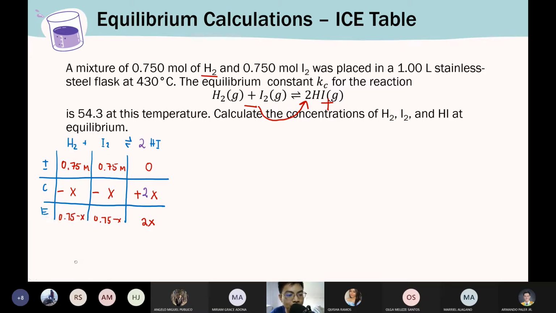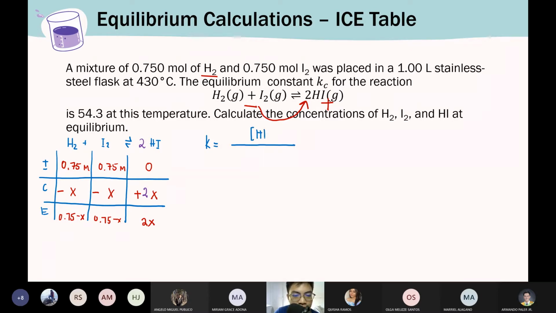Now, ano gagawin natin? We have our equilibrium expressions. Kailangan kasi equilibrium concentration makuha mo, yung walang x. Pero this time may x tayo eh. Anong gagawin natin? We need to plug it into our K equation. So K is equal to the products over the reactants.